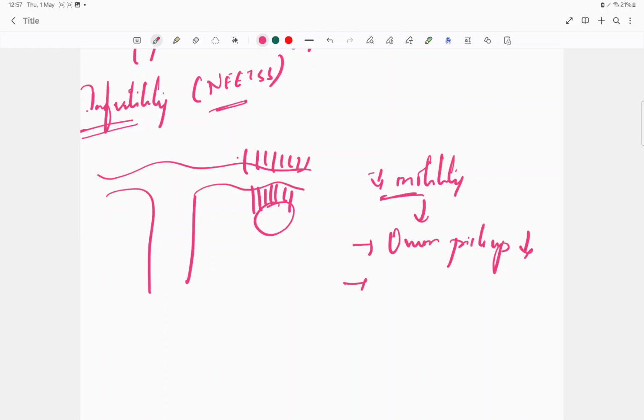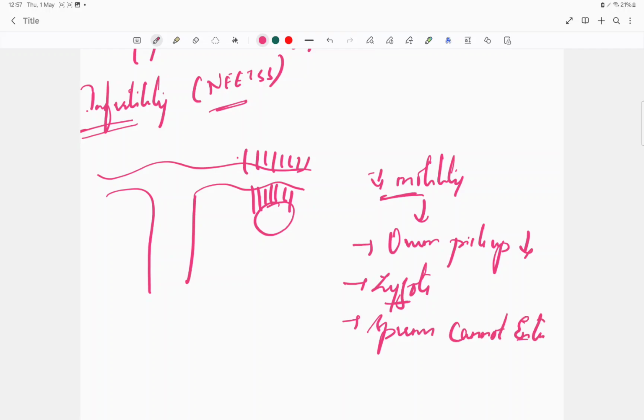And then even if the ovum comes, once the zygote is formed, the zygote will not go into the uterine cavity. Third thing is, the sperms cannot enter.